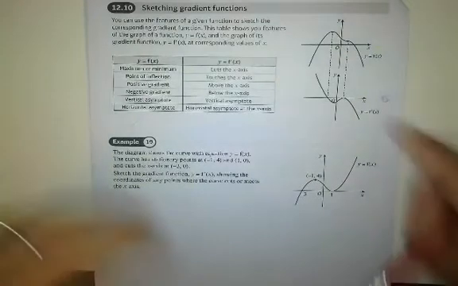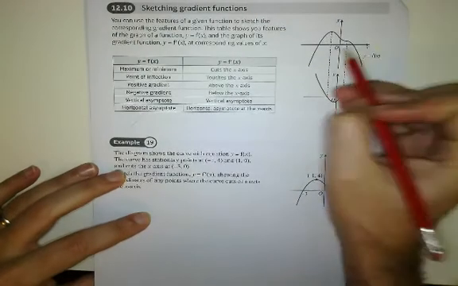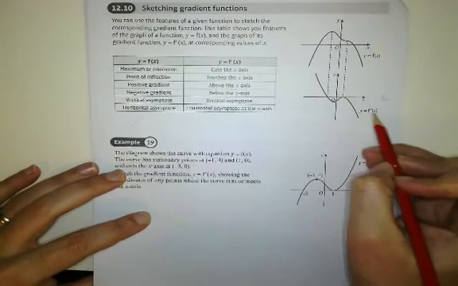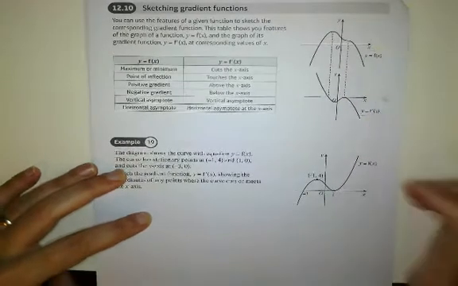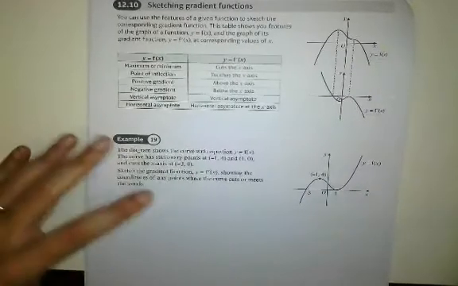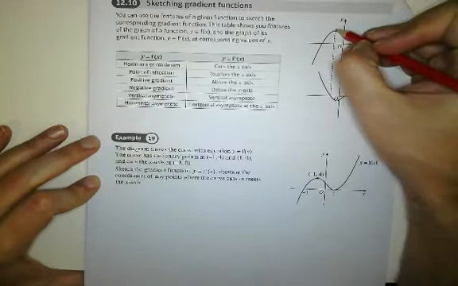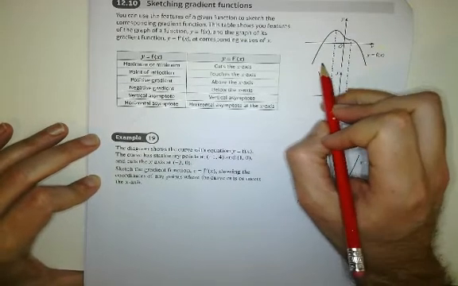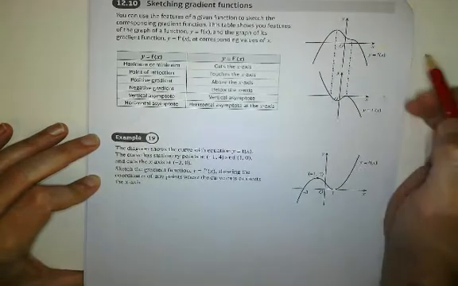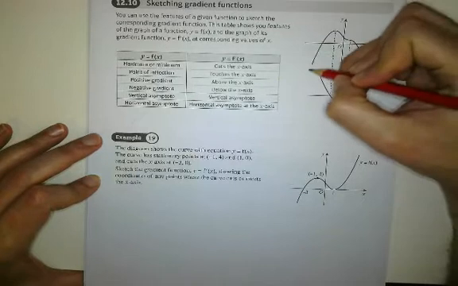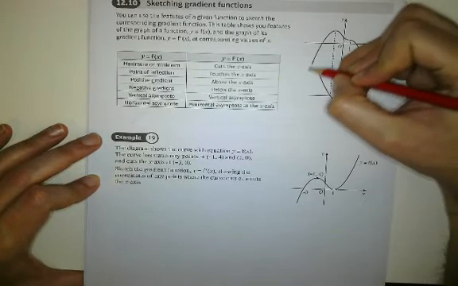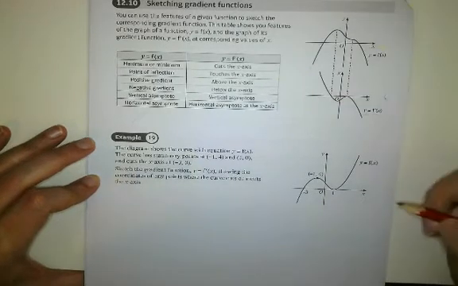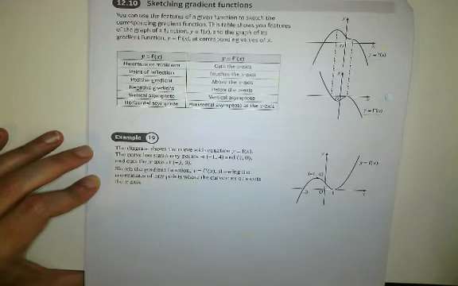I'm going to talk through this one here. This is your actual function, and this is your gradient function there. The way that they've got this is they've said that the graph starts down here, and even though the graph starts in the negative part of the axis, take this coordinate there: the gradient at that point, imagine being on that hill, is really steep and it is pointing in the positive direction.